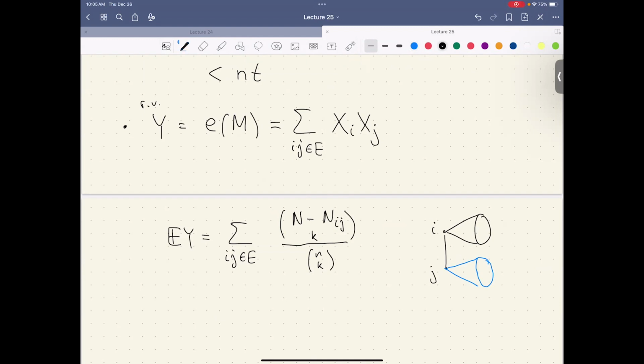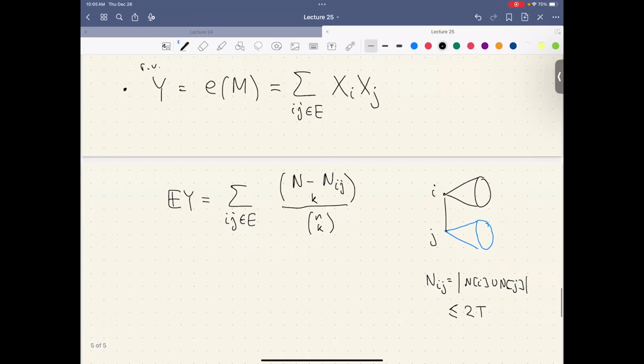This is of size, so we have nij at most 2t. Okay, maximum degree. Yep, I think it's correct.